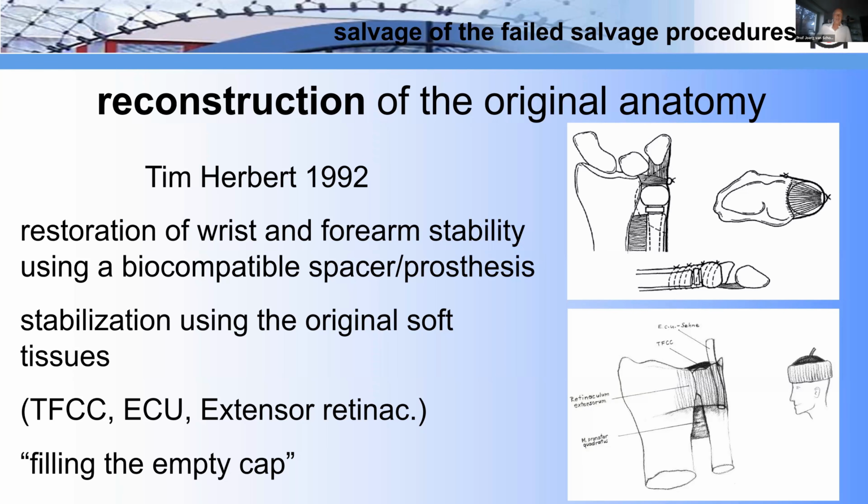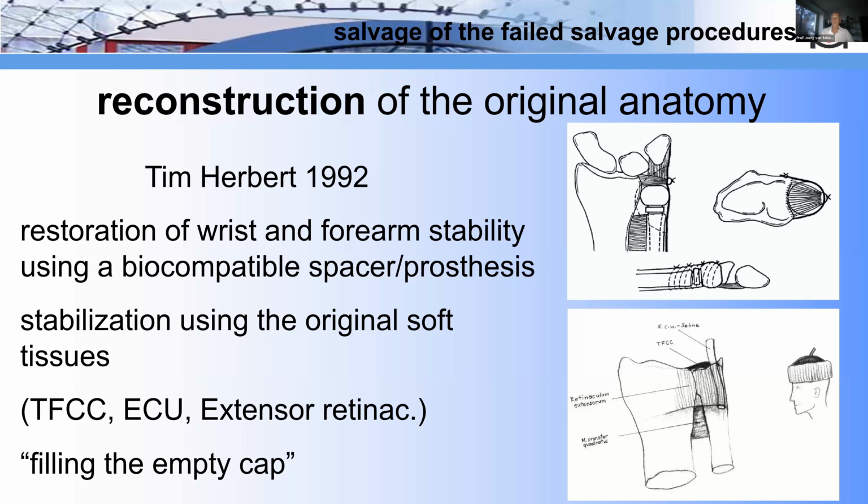But with this experience in mind, his idea was that if we restore the normal anatomy by putting a most biocompatible spacer into the distal radioulnar joint and restore the buttress for the radius and for the wrist, we might have a chance to restore the stability.